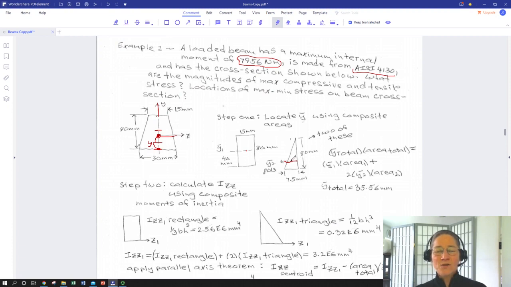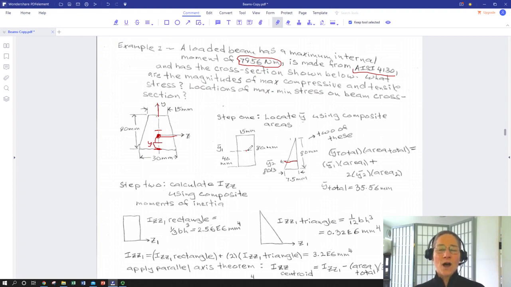We know our y centroid of the triangle is 1/3 of the way from the base. We don't have to integrate for that. So we know that our y centroid of the total area times the total area is equal to the y centroid of each part times the area of the parts.